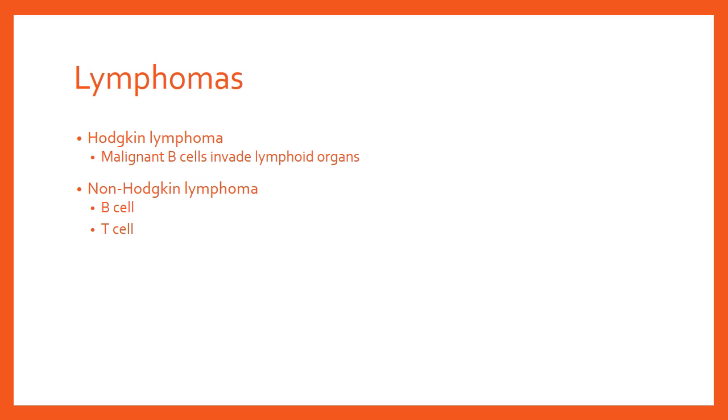The natural course of the disease is approximately 5 to 10 years, so basically a patient may live 5 to 10 years without treatment, even if the lymphoma is low grade.